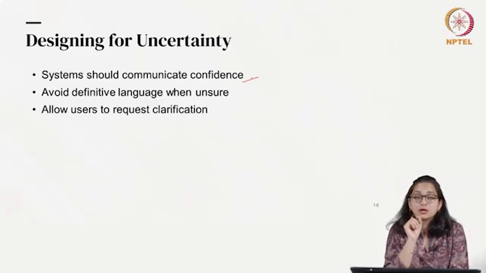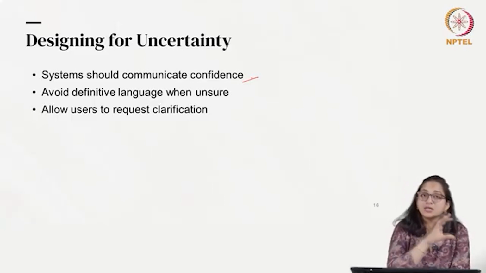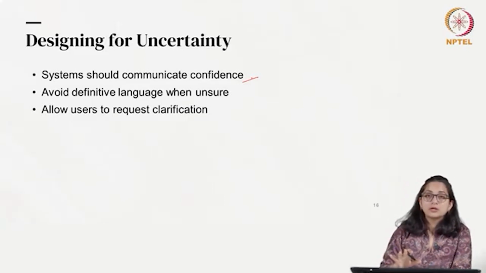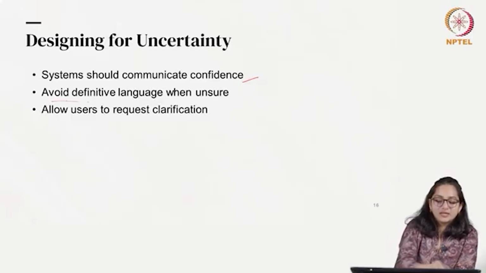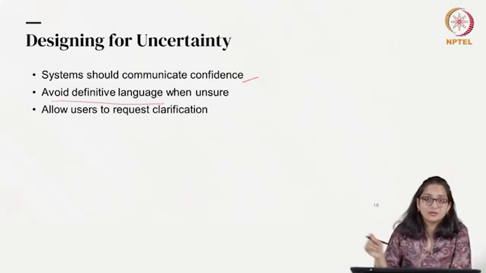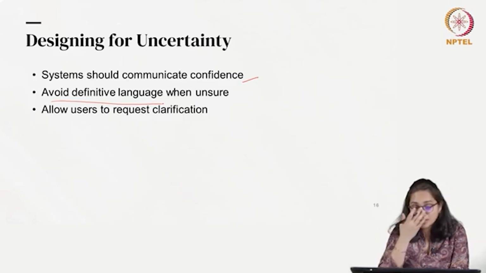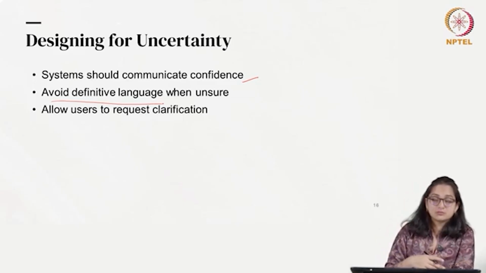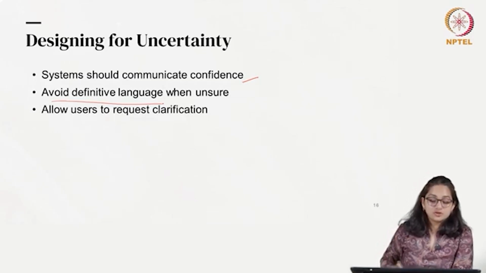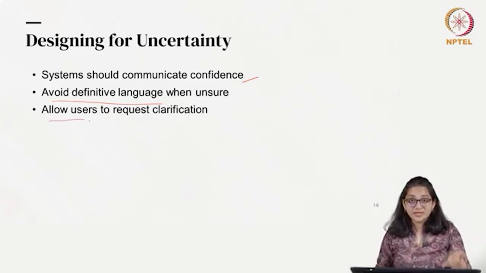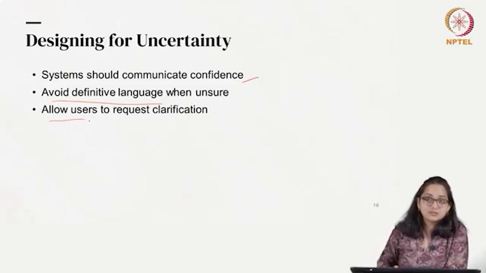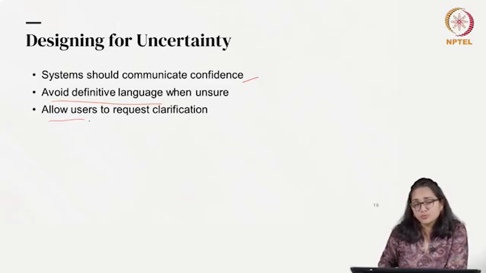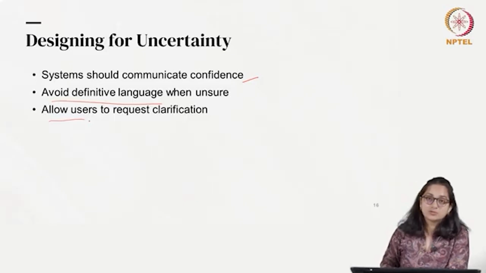They should communicate the information along with kind of a red flag, and avoid definitive language that it will happen or it will not happen. Rather than that, it's always may not. You can try to do this. When unsure, allow users to request clarification, and allow the processing systems to reprocess multiple times to garner a little bit more robust results for the same question.